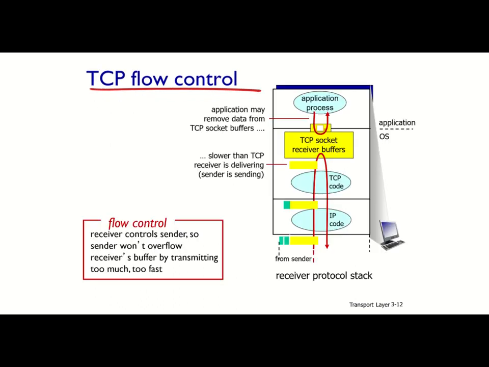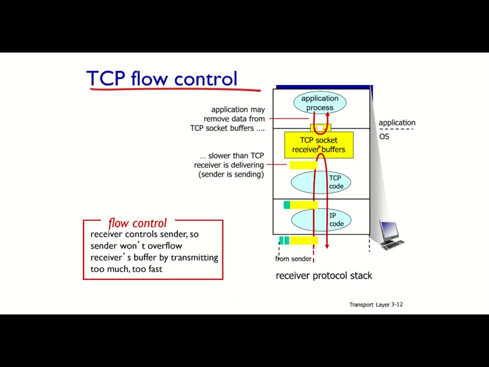Here is the schematic view of different layers on the receiving side. In the 5th layer, we have the application process. In the 4th layer, we have TCP code, and in the 3rd layer, we have IP code, where IP is a protocol for the 3rd layer of the network. As we saw before, between the 4th and 5th layer, we have a socket.